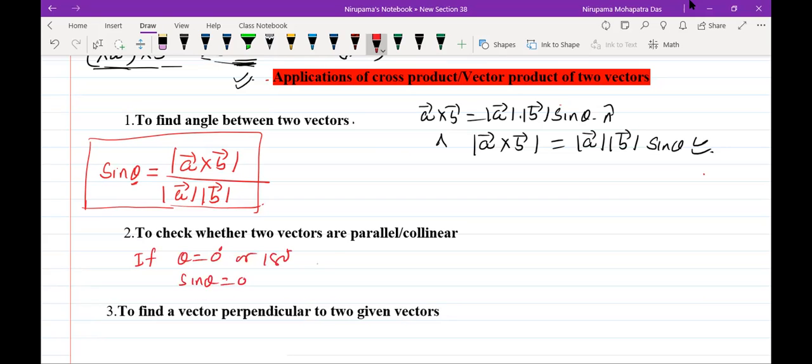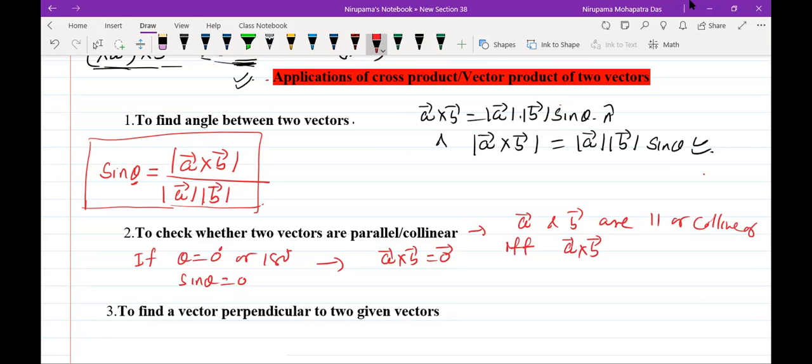So it means A cross B is a 0 vector. So we can write here: A vector and B vector are parallel or collinear if and only if A cross B is a 0 vector.